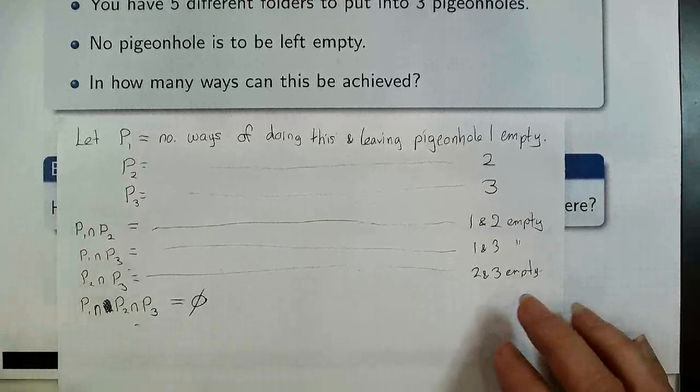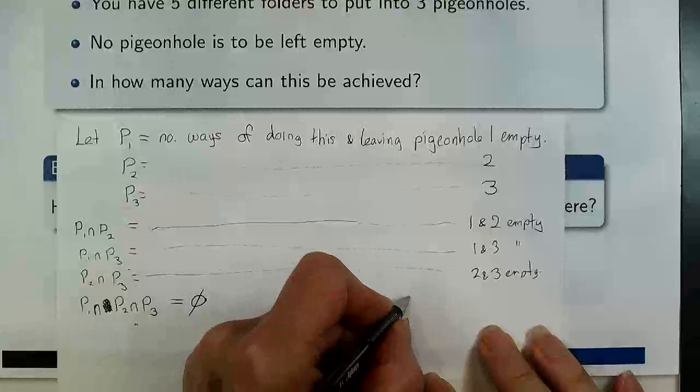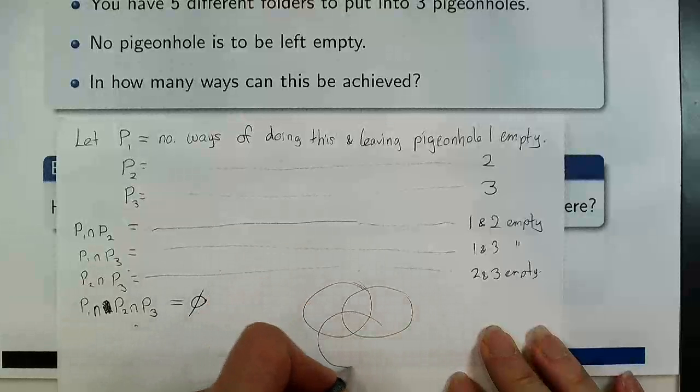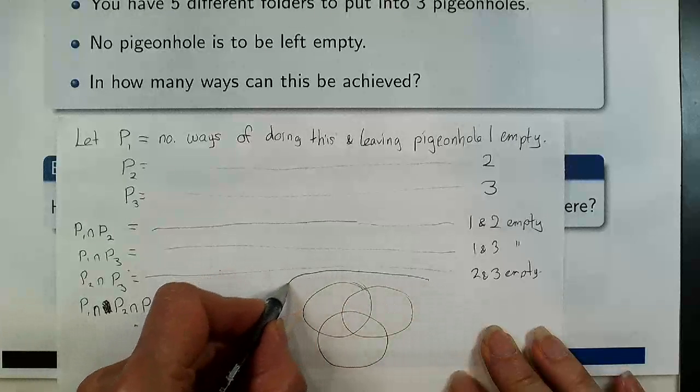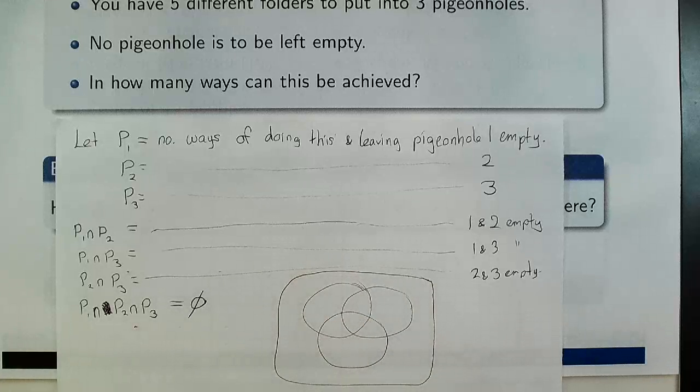Let me draw a picture for this. So are we trying to find all the times where this one is left empty and then remove those? Yes, that's what we're doing, yes. Right. Yes, that's right.